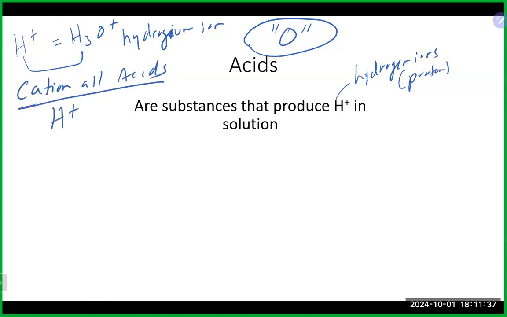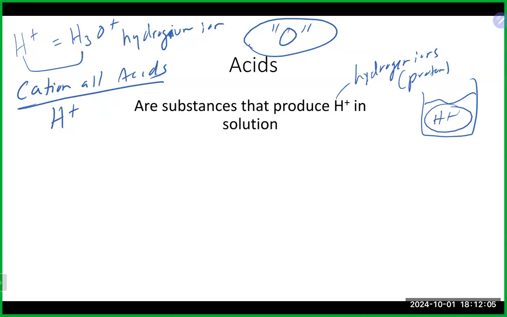So H plus is always the cation, and the negative anion is going to be used to balance it out, and we're going to balance the charge to zero like normal. That is pretty much your definition of an acid. An acid is something that, when it goes for a swim, has the ability to release that H plus and let it float freely in the solution. And that's what makes something acidic or basic.